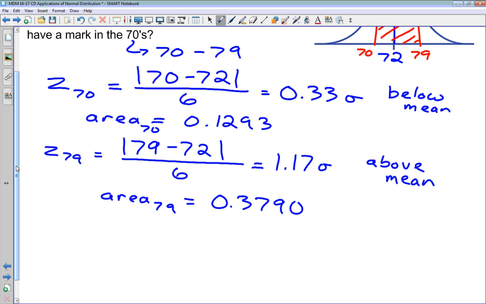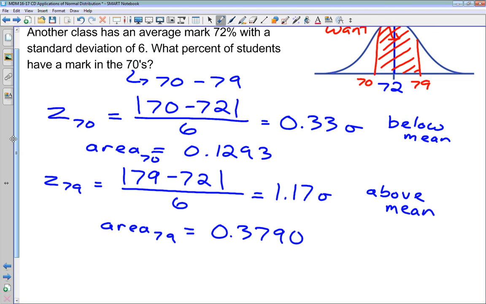So what do we need to do with these areas in order to answer our question here? What do these two areas represent? Let's get a couple of colors here. We're going to add them together, right?